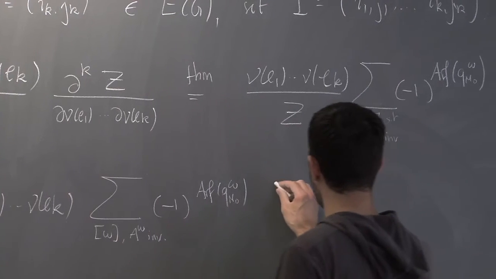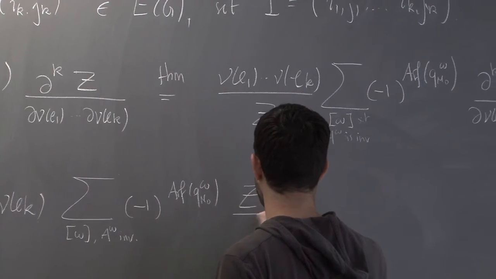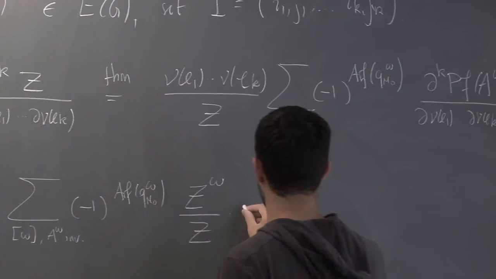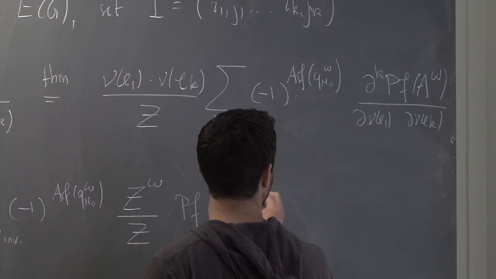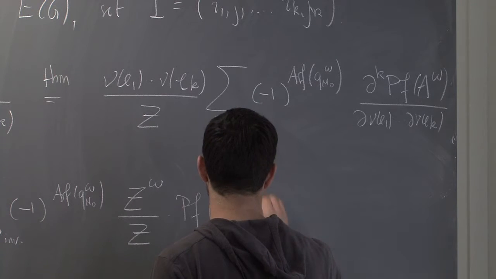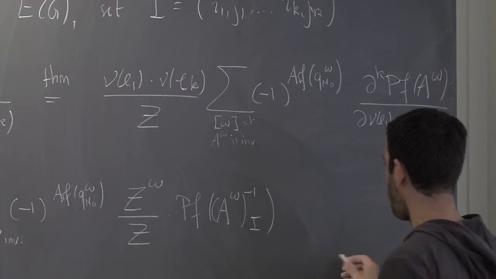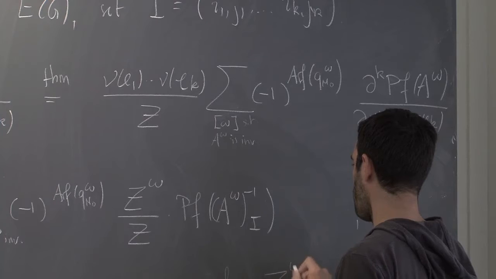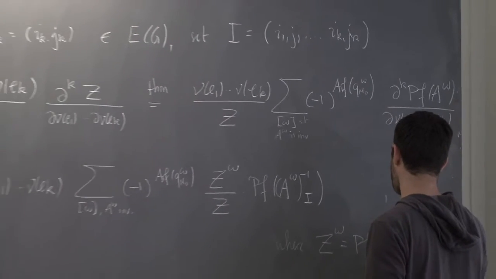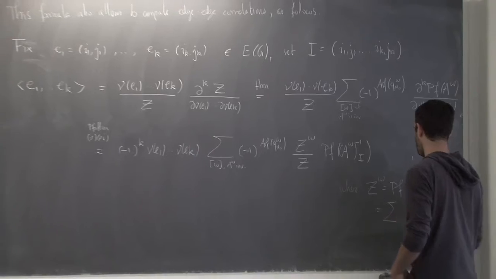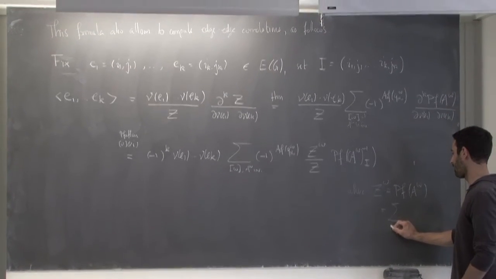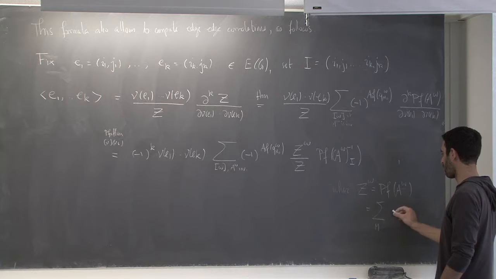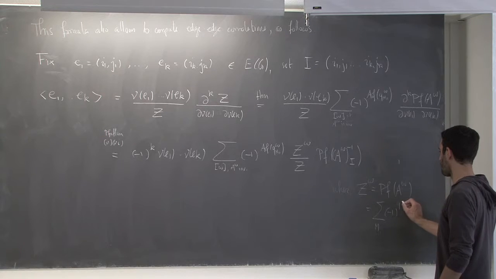And then here I just introduced a notation, where Z omega is the Pfaffian of A omega. We just saw that it was a sum. We have to see it as a twisted partition function, or a signed partition function. So we had seen what this was.